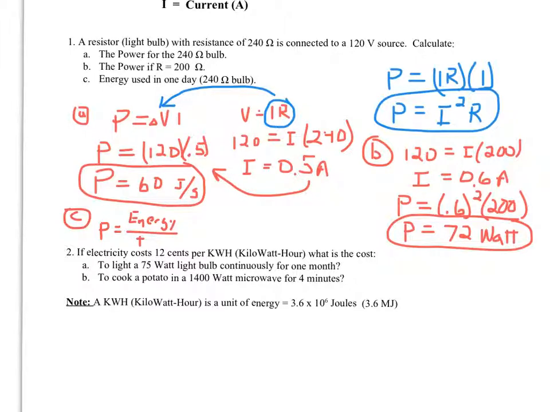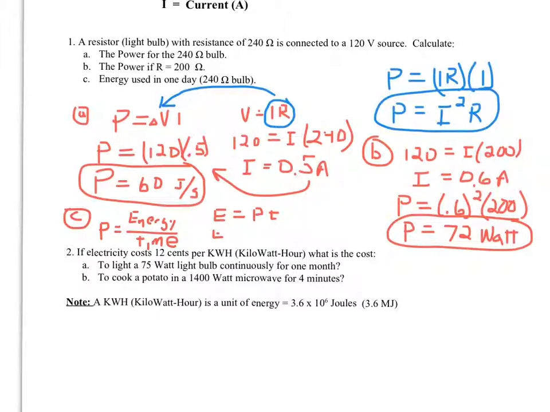That's the definition of power from first semester. Or in other words, the energy, which is what we're looking for here, is the power times the time. It's the amount of joules per second times the number of seconds, loosely speaking. So energy, I'm just going to use E for energy, equals the power, P, times the time, T.